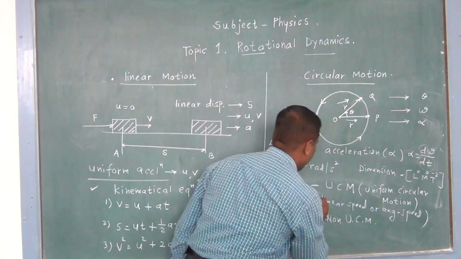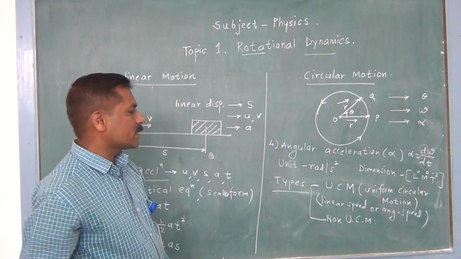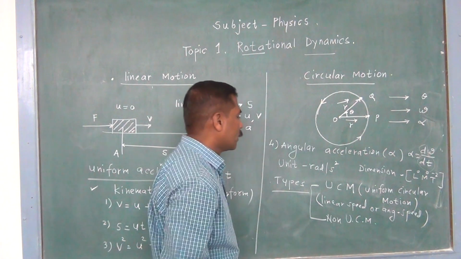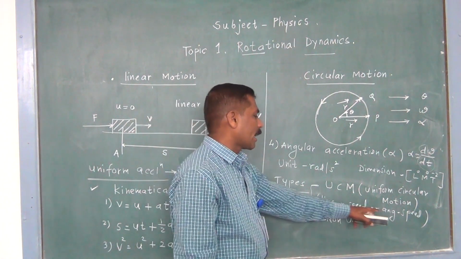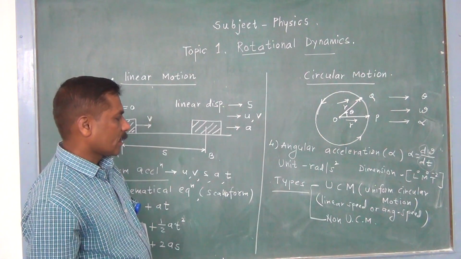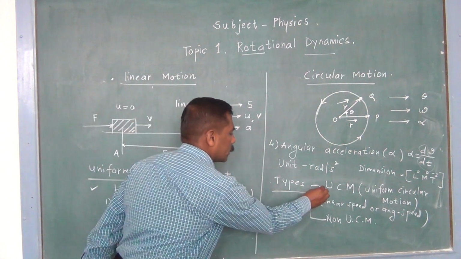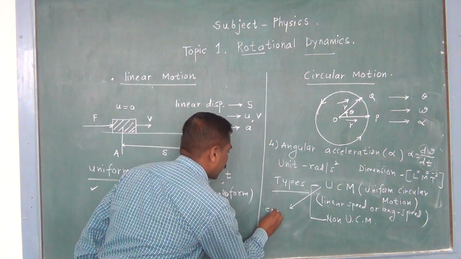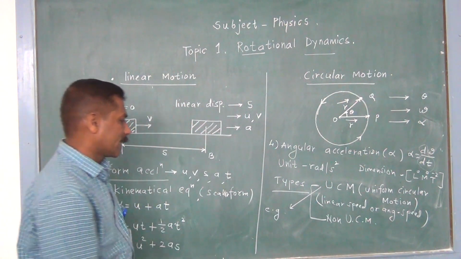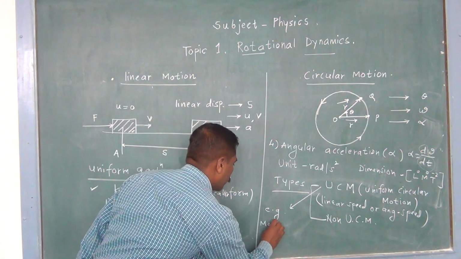It will remain constant. While in case of non-UCM, this linear speed or angular speed does not remain constant. I will give one example. In case of UCM, we can take the example of the motion of the moon.